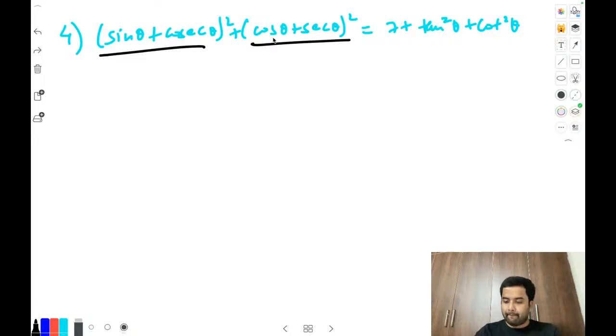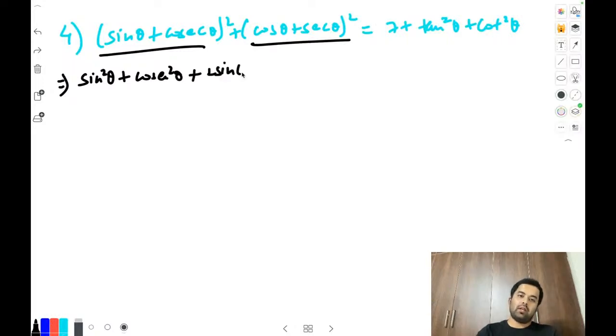Expand that. Expand it. You'll get the answer. A square plus B square plus 2AB.